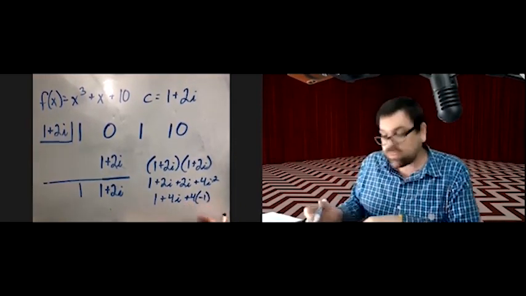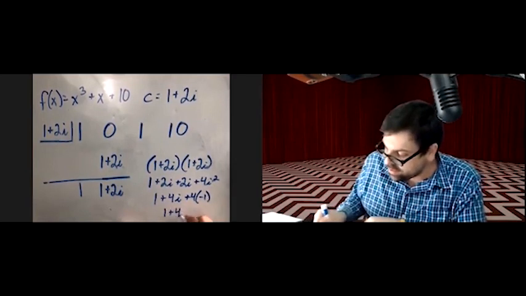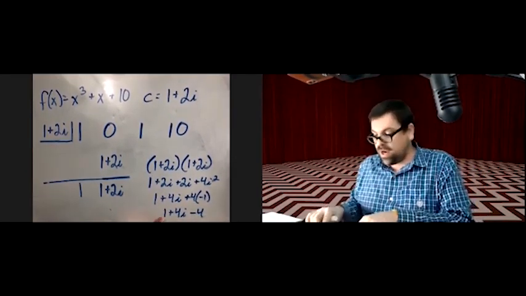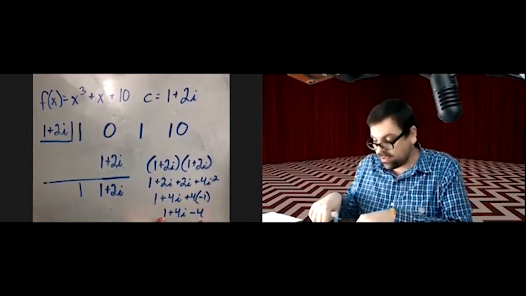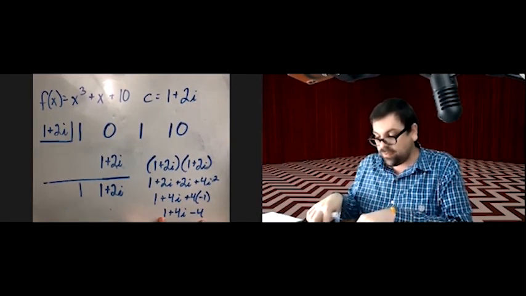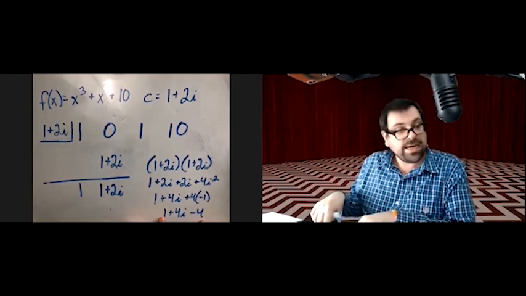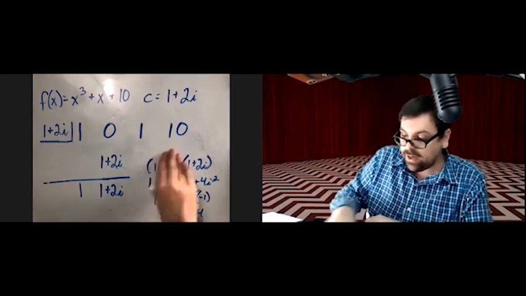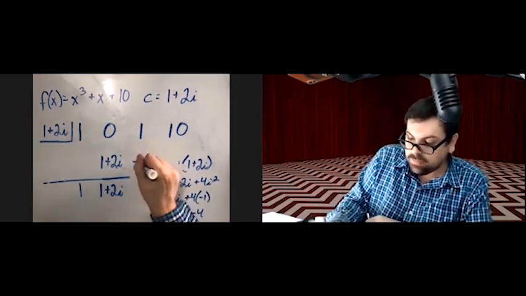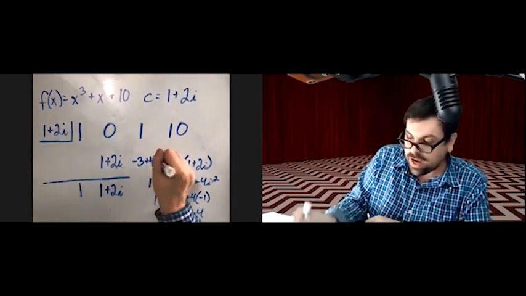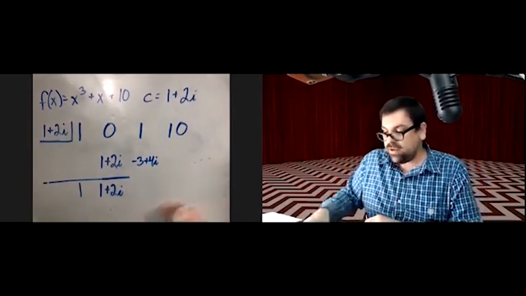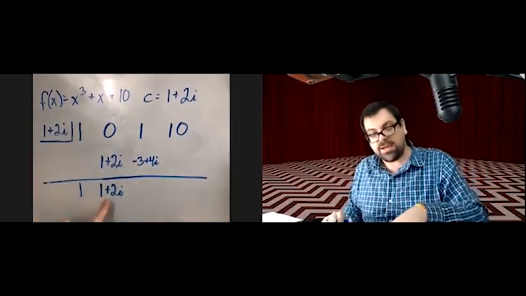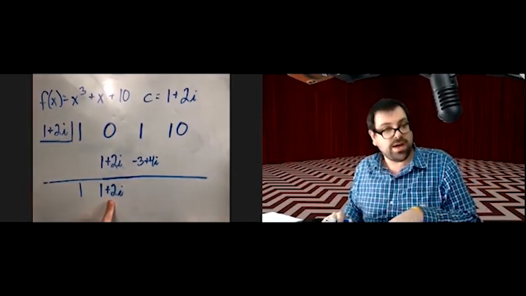And positive 4 times negative 1 is negative 4. And 1 minus 4 is negative 3. Negative 3 plus 4i is what we get when we multiply 1 plus 2i times 1 plus 2i.